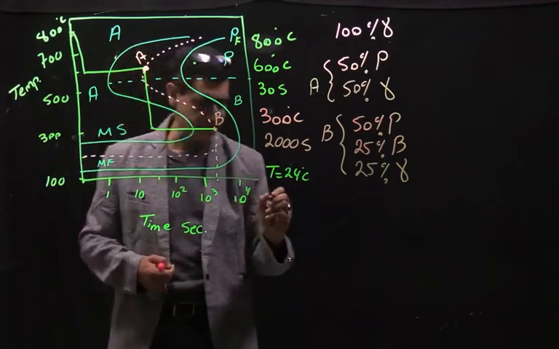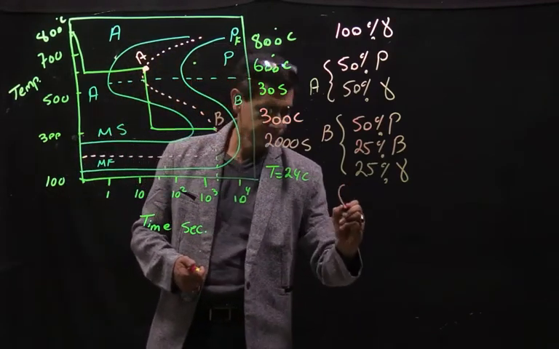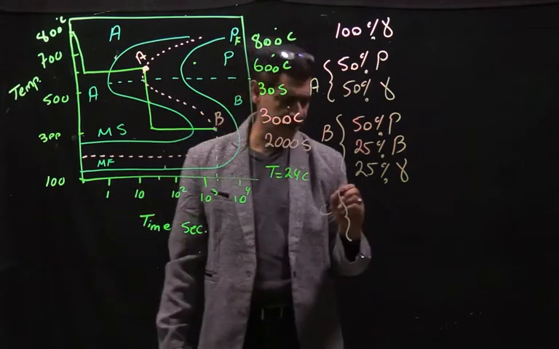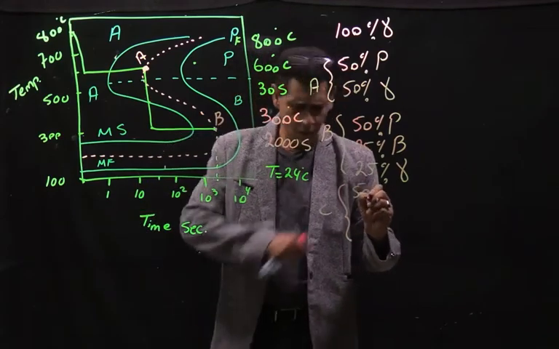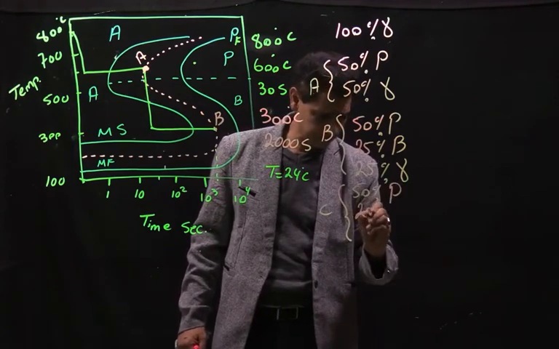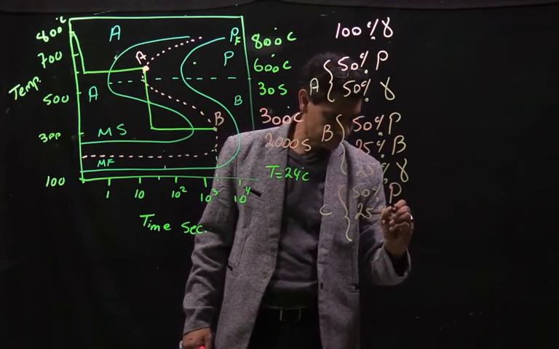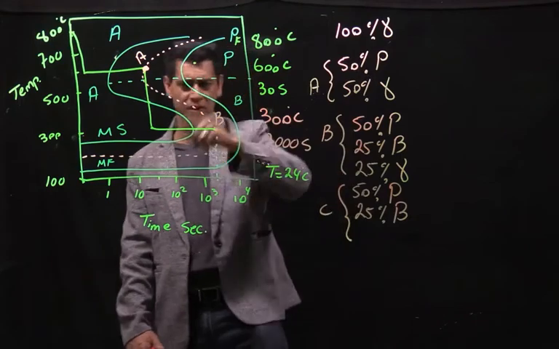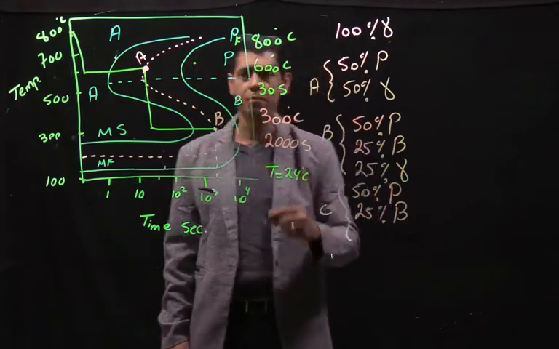So I go to point C. Whatever I have remains the same. The remaining 25% of austenite becomes martensite.